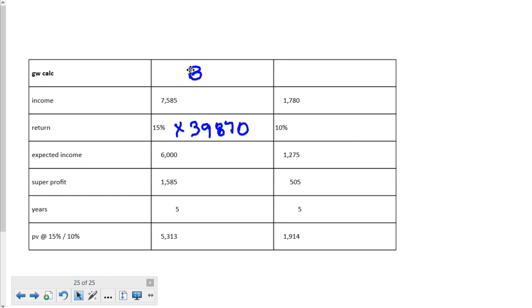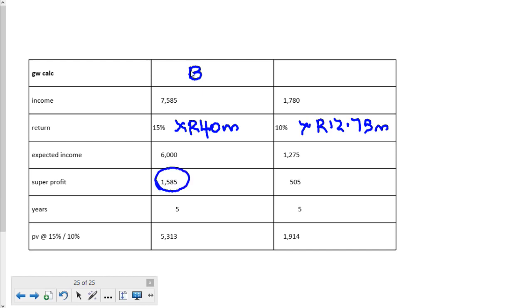No, we're going to work on the 40. Sorry, that's the value of the assets. Okay, so we say the assets are worth 40. Do you agree? 40, they must make a return of 15%, so they must make a return of 6. If they're going to make a return of 7585, this is residual income or super profits.